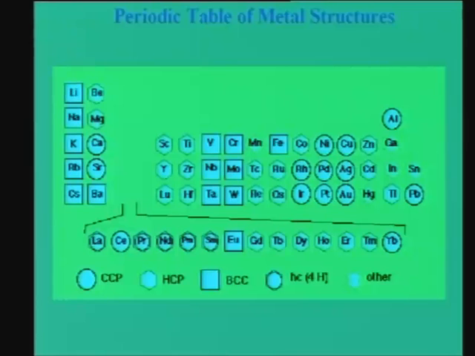So, if you take it from the symmetry point of view, when you look at the unit cells, we talk about every system, the crystal system. We say there are 7 crystal systems. You all know those 7 crystal systems starting from the cubic to the triclinic. But each crystal system has different ways of arranging atoms. The moment I say a crystal system, what I am talking about is the rotational symmetry in the system.